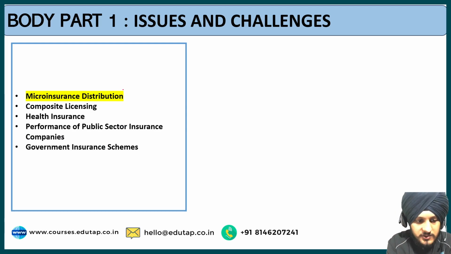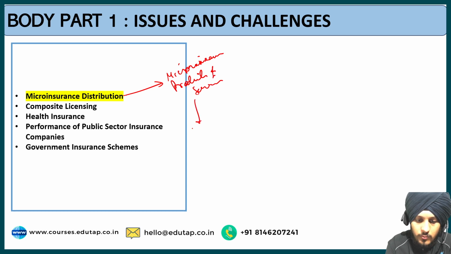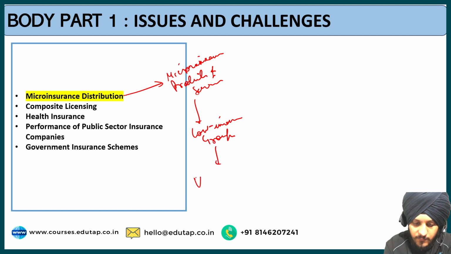Now micro insurance distribution is nothing but making micro insurance products and services accessible to low income groups, which usually come from rural and underserved areas.